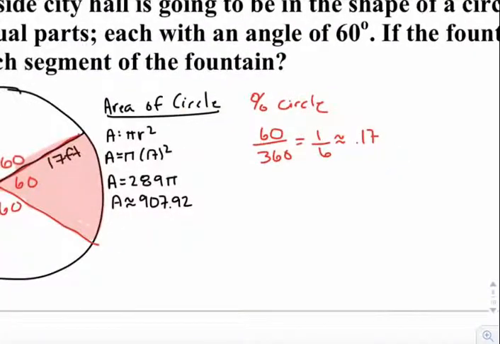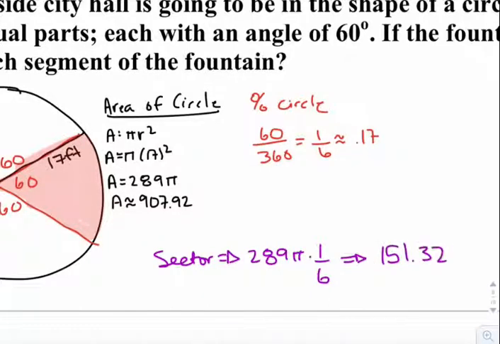So if the whole area is 289 pi, and the sector that I want is a sixth of that area, that means the area of the sector I want is, multiplying together, should be 151.32, approximately.